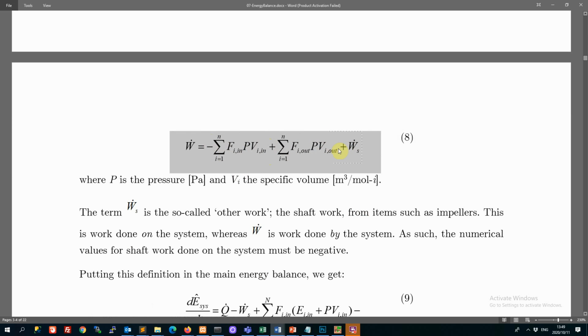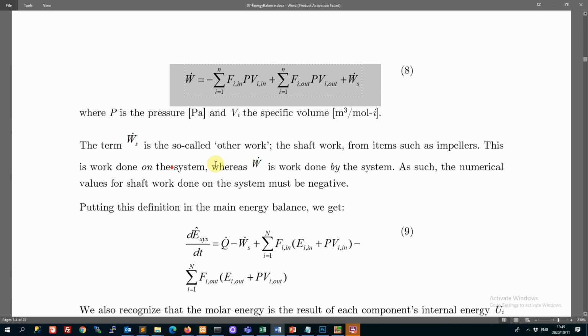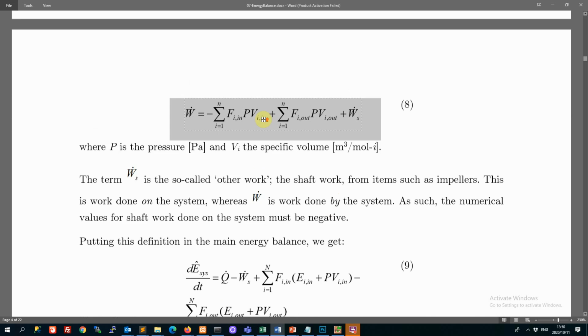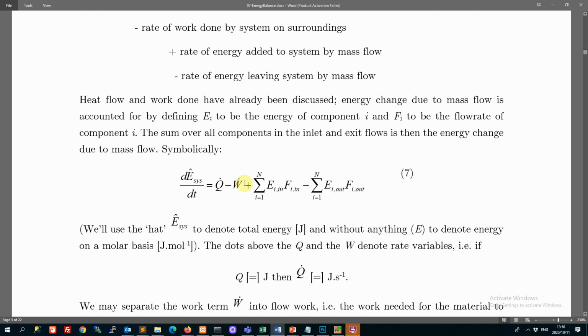We think of this as small in comparison with the shaft work term. But anyway, if you substitute, I shouldn't say neglect this term. This is important. We actually account for this by combining these terms, as we'll see now. So if you substitute for the work here, so remember it's this term.